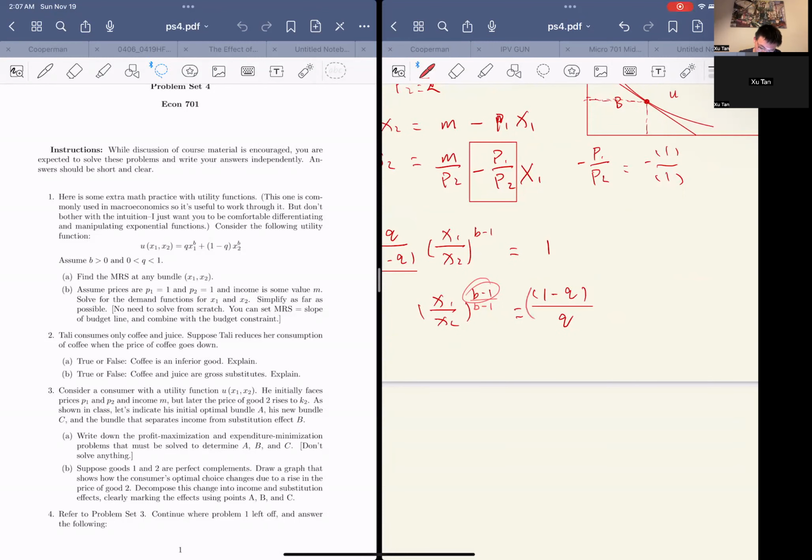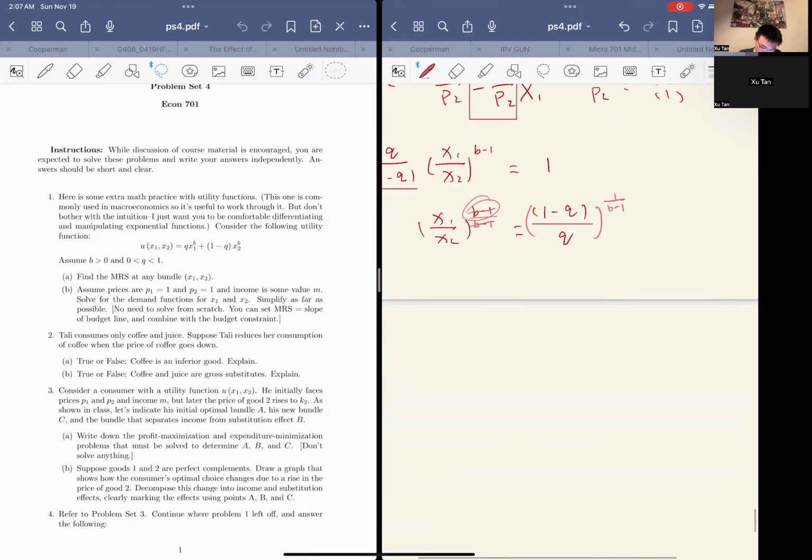We do it to both sides. It cancels out, and we get x1 over x2 equals (1 minus q over q) to the 1 over b minus 1.